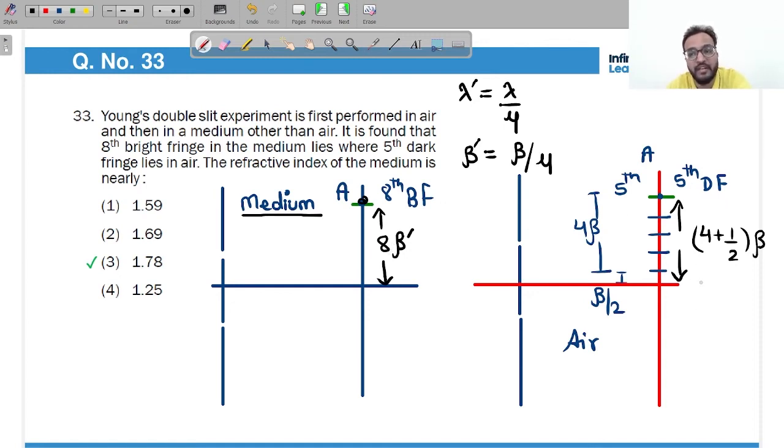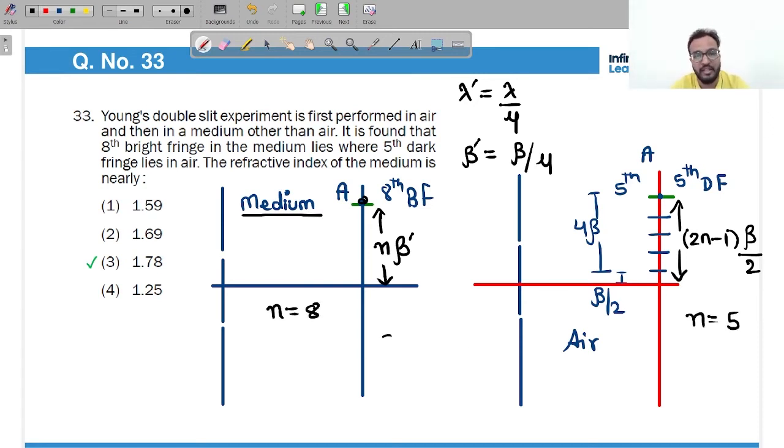Just remember this formula: the height of the bright fringe is always n beta dash. The height of the dark fringe is always (2n minus 1) into beta by 2. What is n here? In the medium, n is 8. In the air, n is equal to 5.